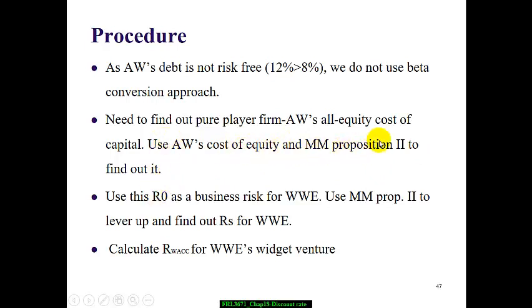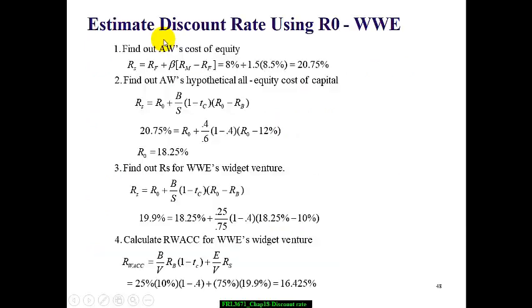Once we figure R sub-zero, now we can use this as the business risk for our WWE's new project. Remember we have a different leverage ratio, so use Proposition 2 one more time to level up to find the cost of equity for WWE. Lastly, WACC.